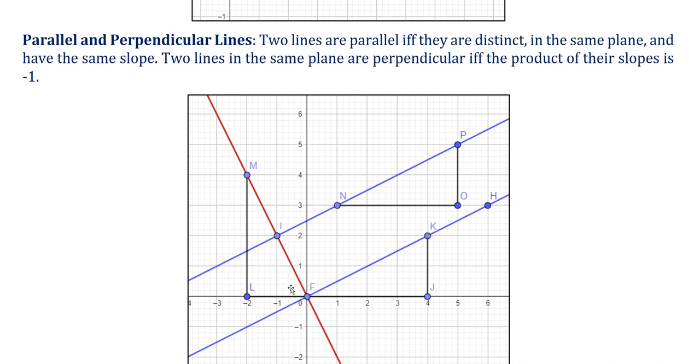Now, to prove that perpendicular, let's say we take two of these. Let's say this one down here, and then this one, this red one going across here. First thing, I think you can notice if one is a positive slope, the other one's going to have to be a negative slope, right? And then notice I've got a triangle here where I went 4 to the right and 2 up. Over here I go 2 to the left and 4 up.